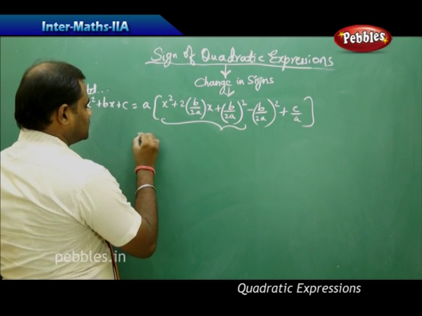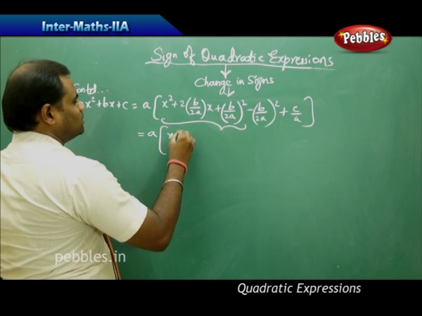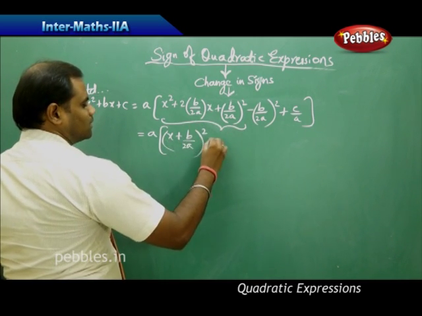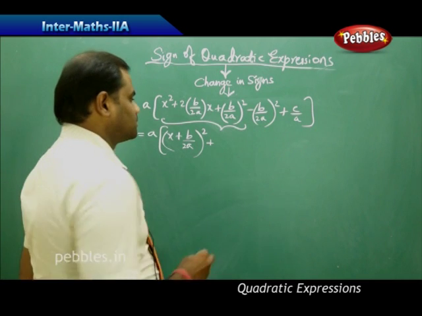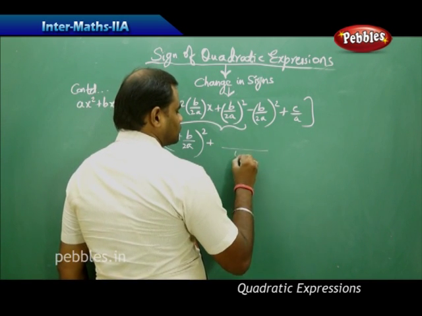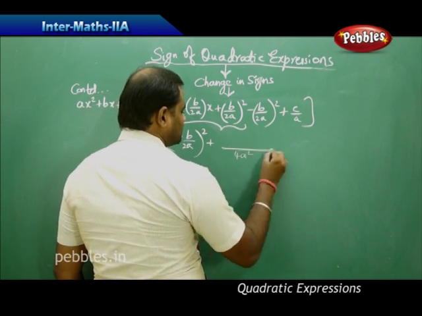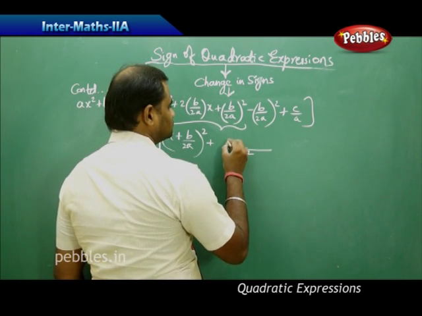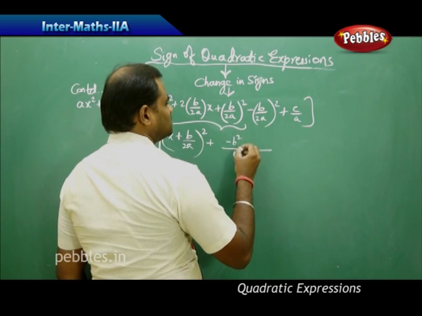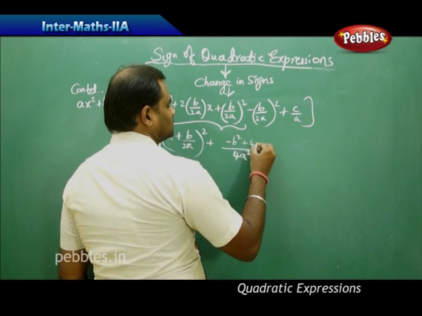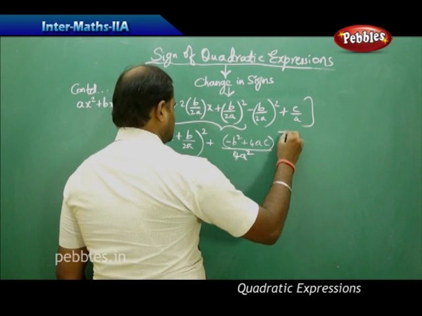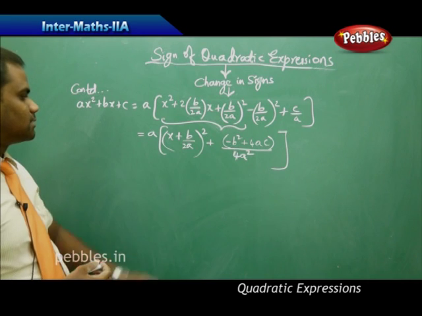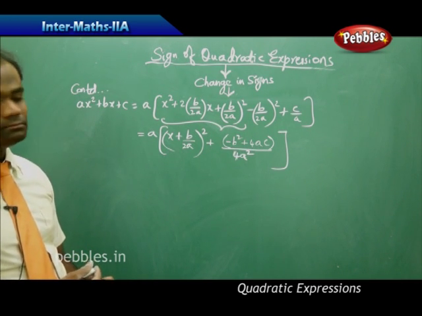Now this becomes a times a plus b whole square, that is x plus b by 2a whole square, and this on simplification, with 4a square as the LCM, reduces to minus b square plus 4ac is what I get. So this is what I get when I expand with the formula.